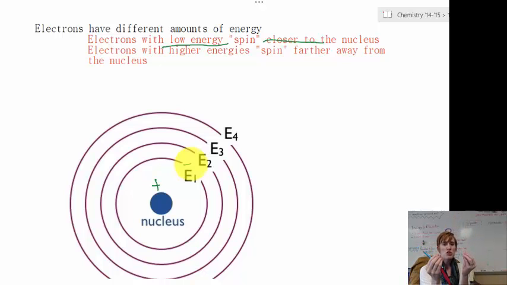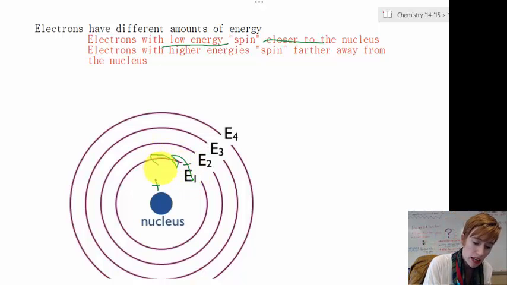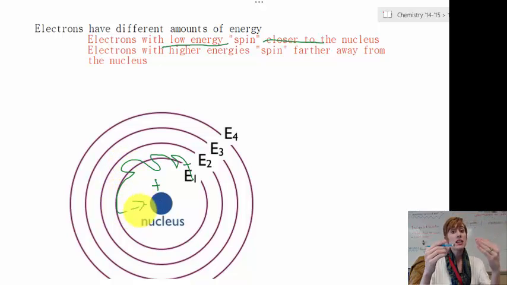What usually wants to happen between things that are opposite, positives and negatives? They attract, right? This electron, as it's spinning, is constantly attracted towards the nucleus, okay? But its energy continually gives it momentum, so it never actually crashes into the nucleus. It's just kind of held outside the nucleus, spinning around in an unpredictable pattern.